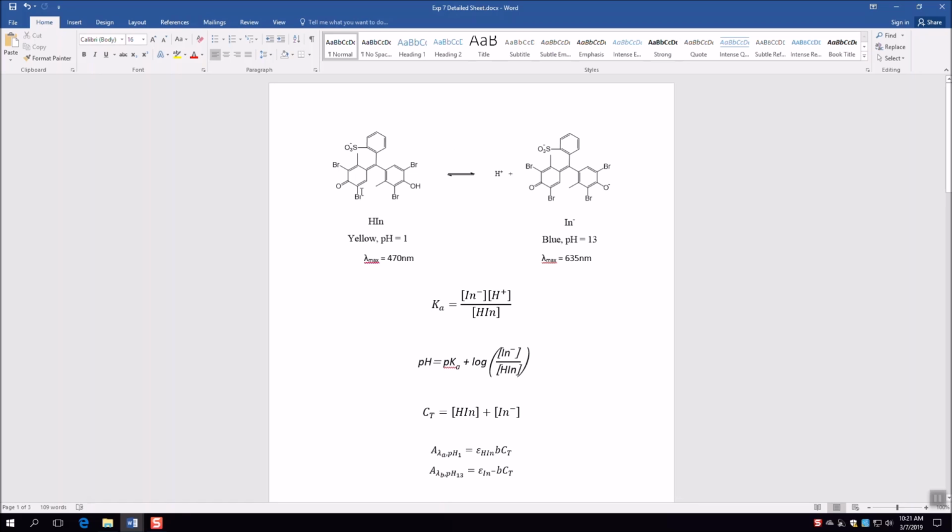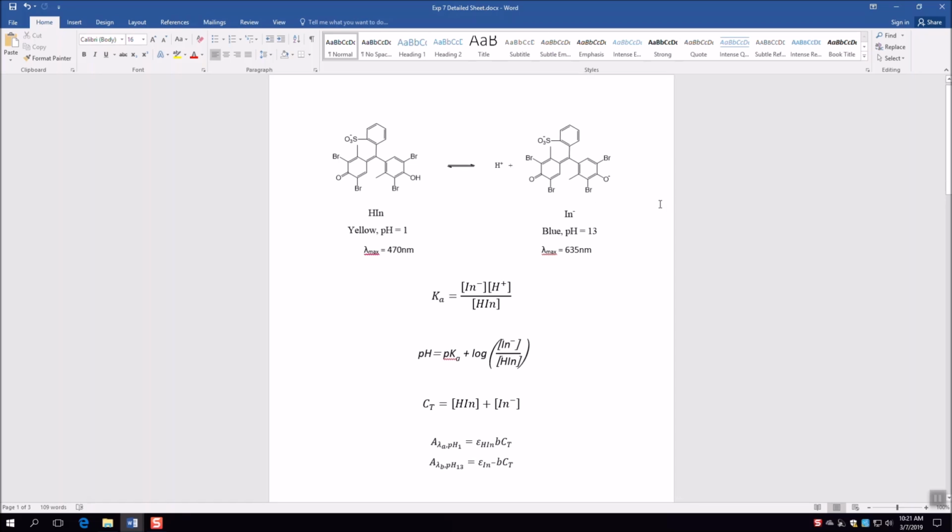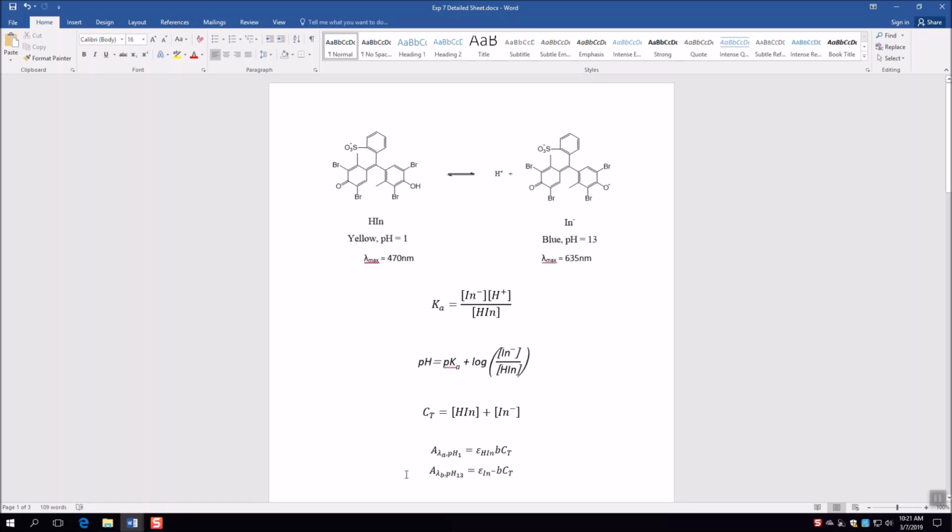That means we can't assume that the absorbance of this is 0.5 and the absorbance of this is 0.5, that they both have the same concentration, because they don't have the same molar absorptivity coefficient. So essentially what we do is math in order to take care of this. The first thing that we need to do is realize that the total concentration of the protonated form of the indicator and the deprotonated form of the indicator is a constant. That is very important.